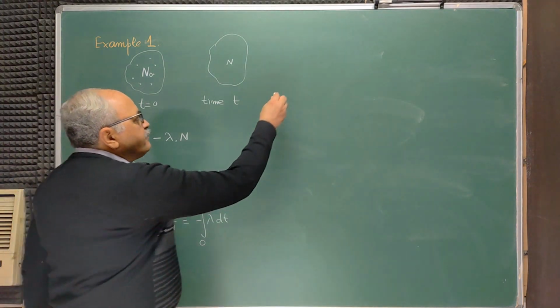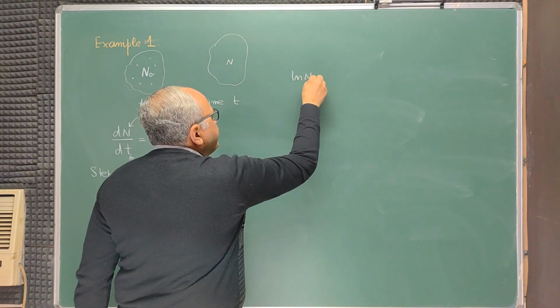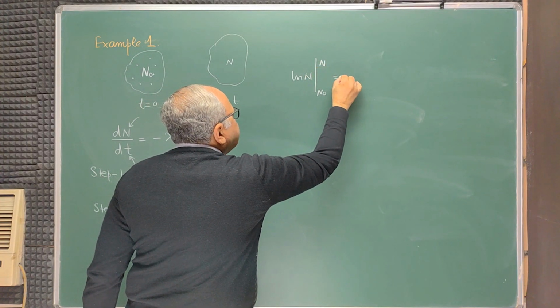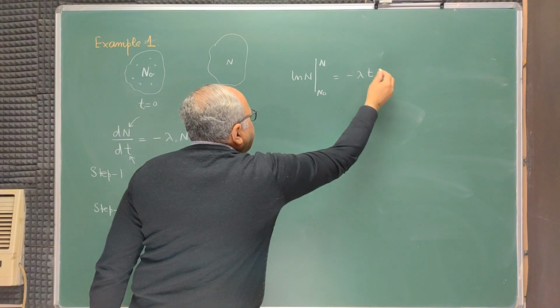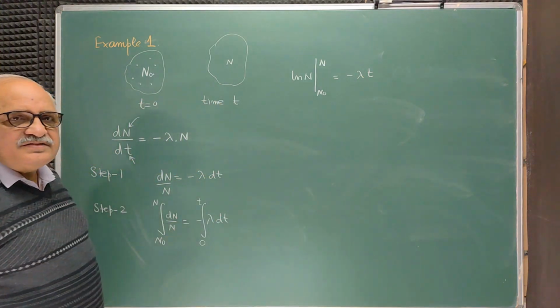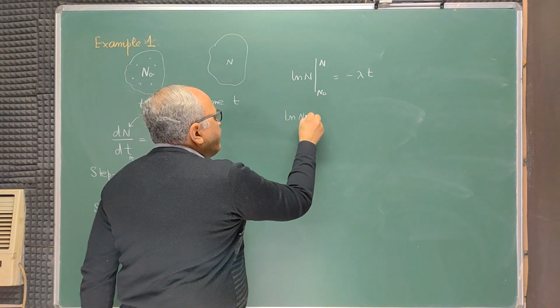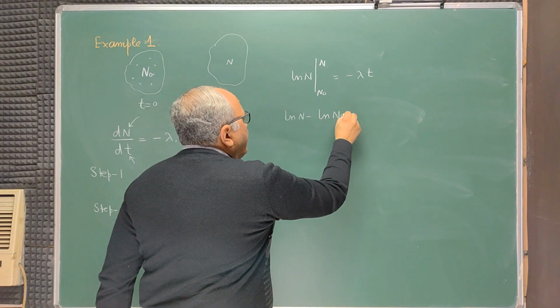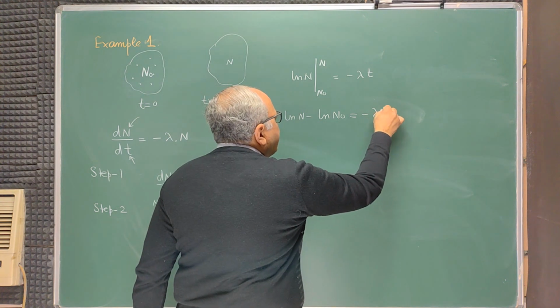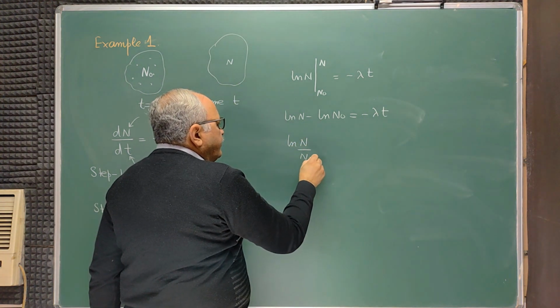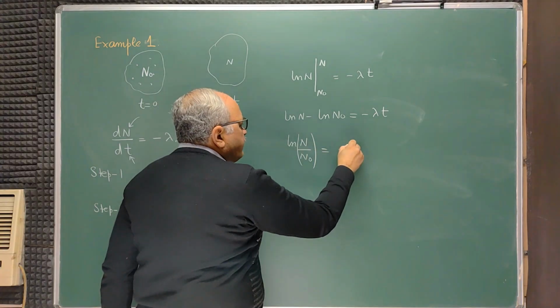This gives me log of n under the limit from n0 to n, and this is equal to minus lambda t. Obviously this is 0, though that minus 0 is there. So we can rewrite this as log n minus log n0 equals minus lambda t, or I can write log of n by n0 as minus lambda t.